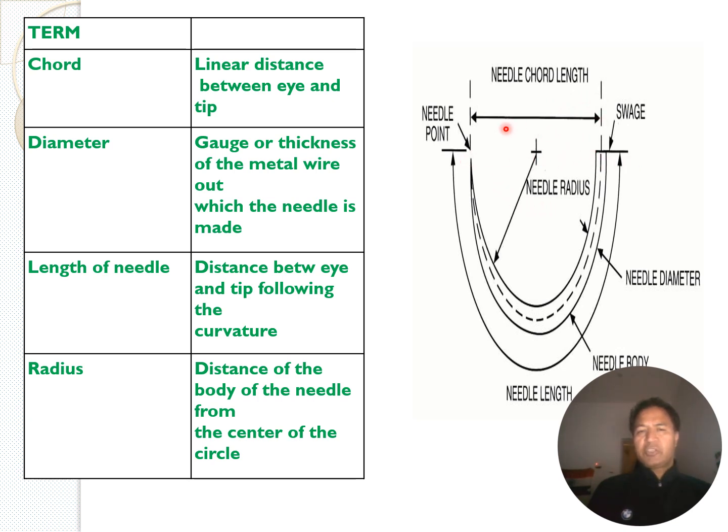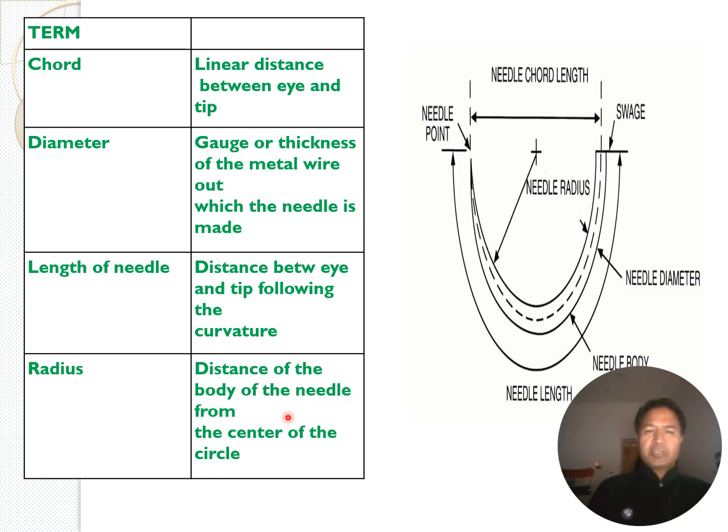Diameter is the gauge or thickness of the metal wire out of which the needle is made. Length of needle is the distance between the eye and the tip following the curvature.